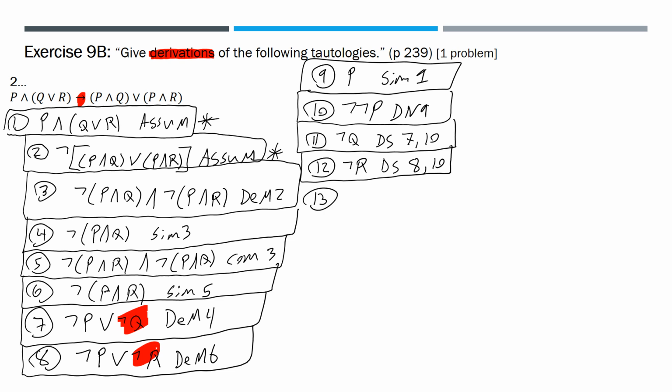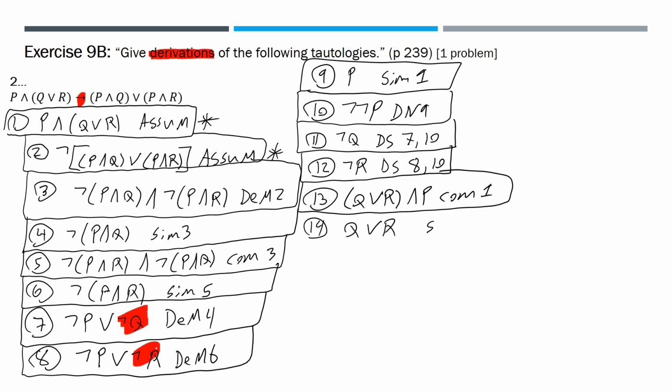For 13, we'll do the commutative rule on line 1, so we can get Q or R and P, commutative rule line 1. For 14, we can simplify to get Q or R, simplification 13. We have this not Q from line 11, so we can get this R from 14. So for 15, we can get R by our disjunctive syllogism, 11, 14.